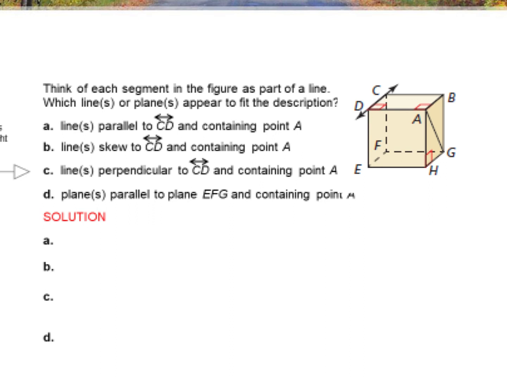So for the first question, it wants us to find the line, a single line or lines, if there's more than one, parallel to CD, but it also wants it to contain point A. So let me go ahead and highlight CD. It's over here. So parallel to CD, but it also needs to include point A, would be line AB.